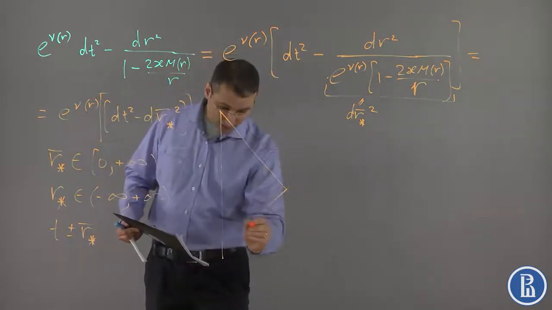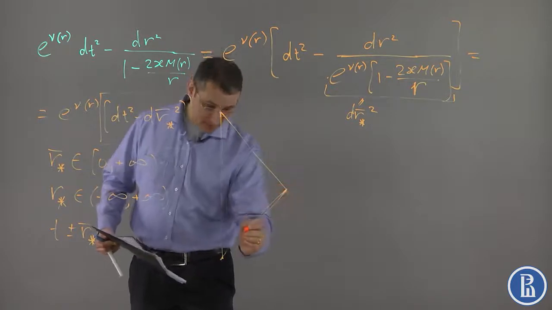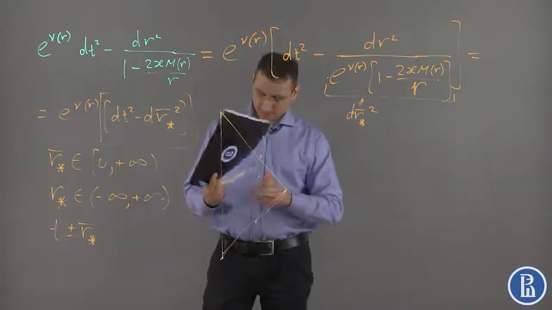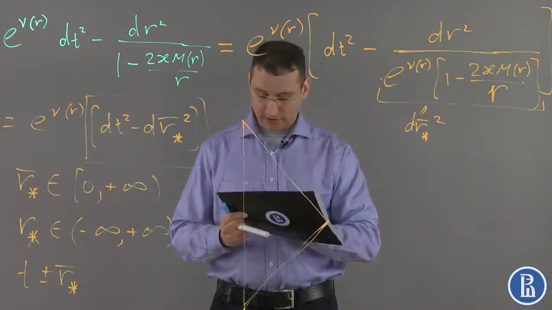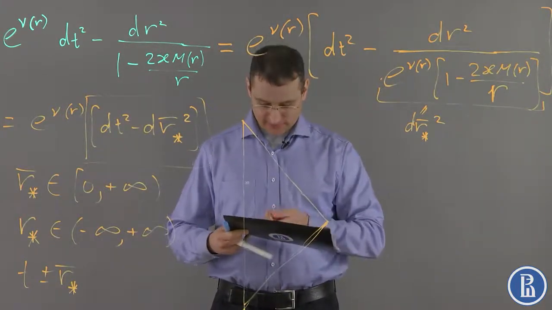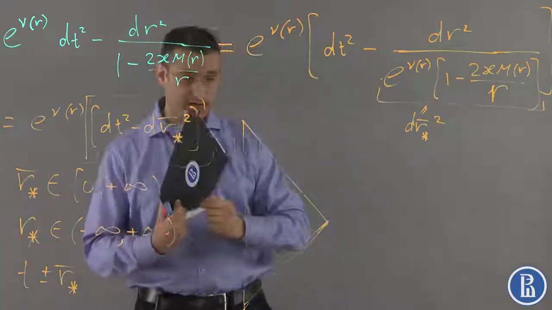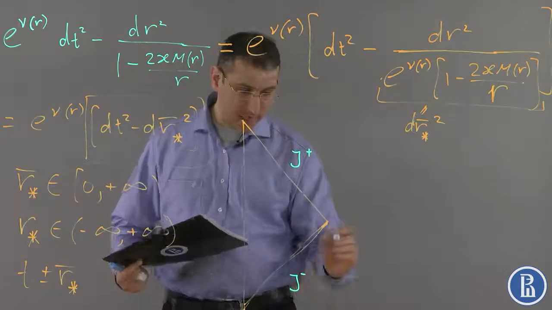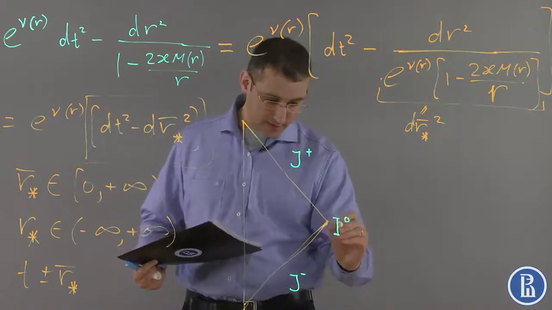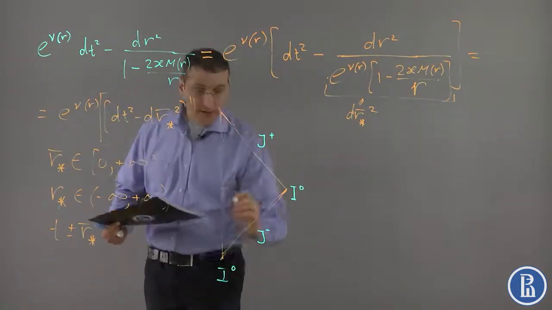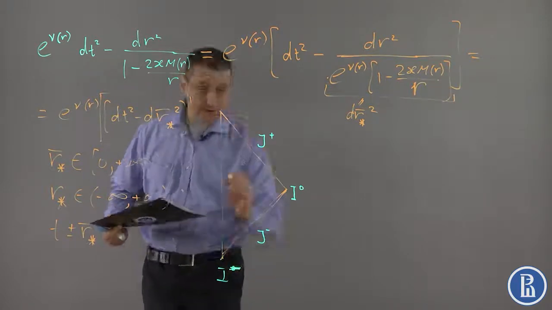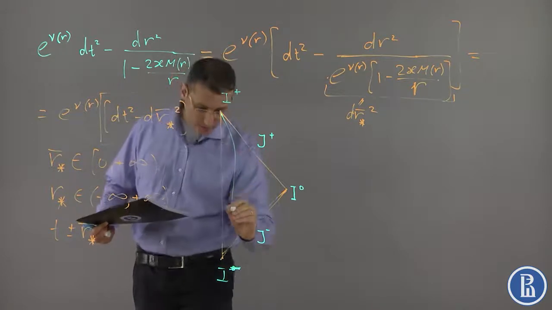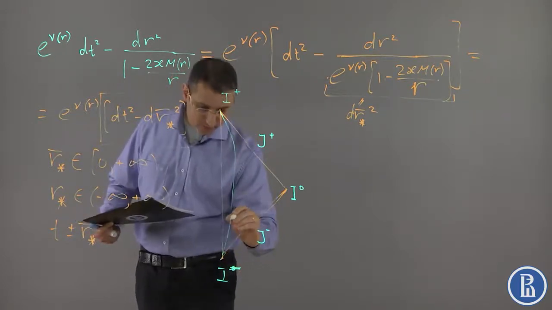It's just half of the square, where we have the following situation: this is scri plus, this is scri minus, this is asymptotic infinity, this is past infinity, this is future infinity, and this is the body of the star.